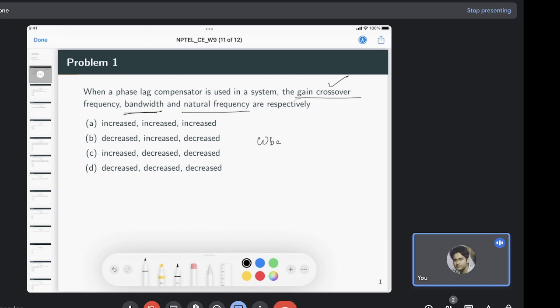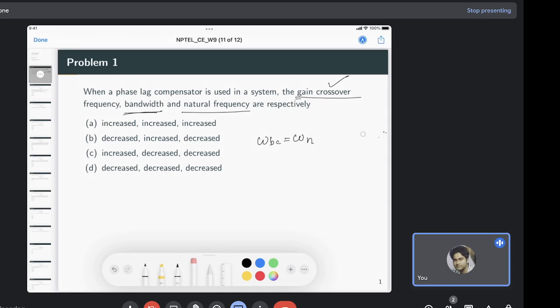And this bandwidth frequency is related to the natural frequency with some damping term. The exact expression is: bandwidth equals natural frequency times the square root of 1 minus 2 zeta square, plus the square root of 4 zeta 4 minus 4 zeta square plus 2.